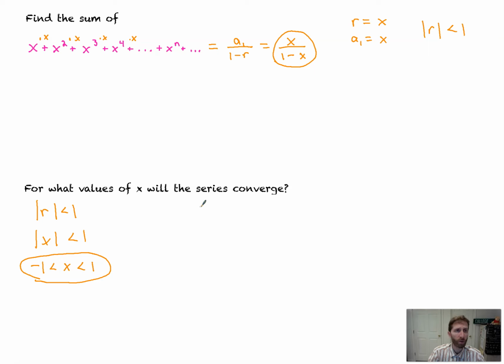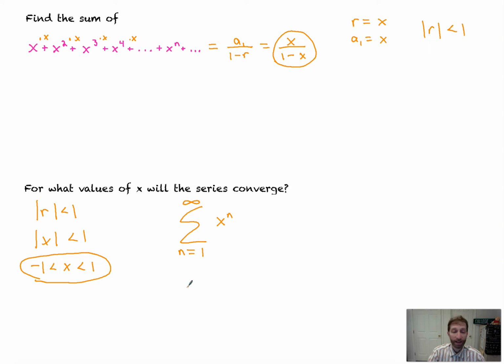We can see this a different way. We can write this as sigma from n equals 1 to infinity of x to the n. Your first term was x, then x squared, then x cubed. And again, it will converge on this interval.